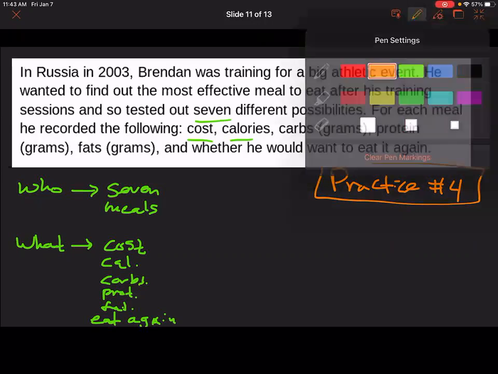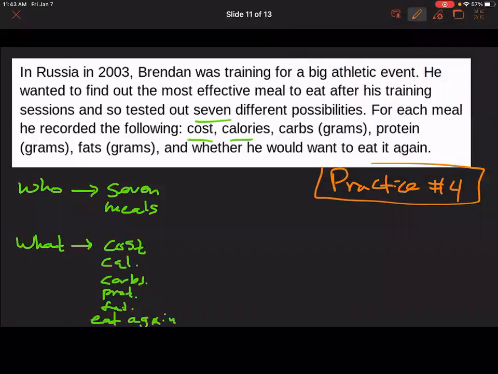So let's go through and do quantitative versus categorical. Cost, that'd be quantitative. Does it cost $10? That's a number with units. Calories. Let's say the meal has like 800 calories. Calories are actually a unit, so calories would be quantitative.